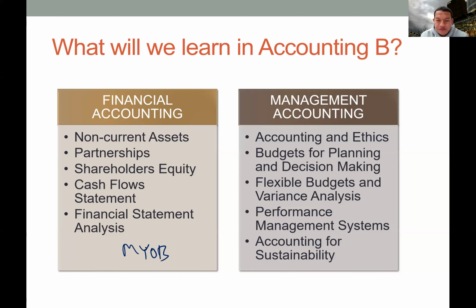We'll have another 5 topics: accounting and ethics, budget for planning and decision making, flexible budget and variance analysis, performance management system, and accounting for sustainability. And then you will have your final exams. So it's basically 10 topics, half on financial accounting and half on management accounting.